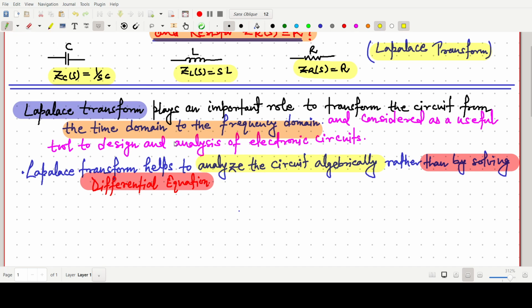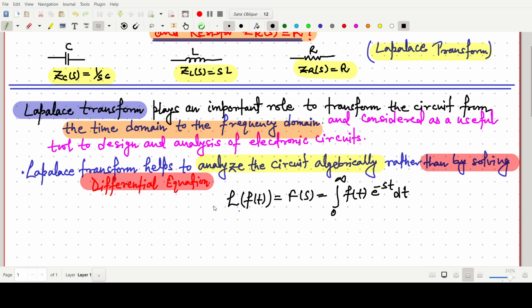Now one more basic equation that I think many of you know, but I have to write: the Laplace transform of any function f(t) is in general F(s) equals the integral from 0 to infinity of f(t) e to the power minus st dt.